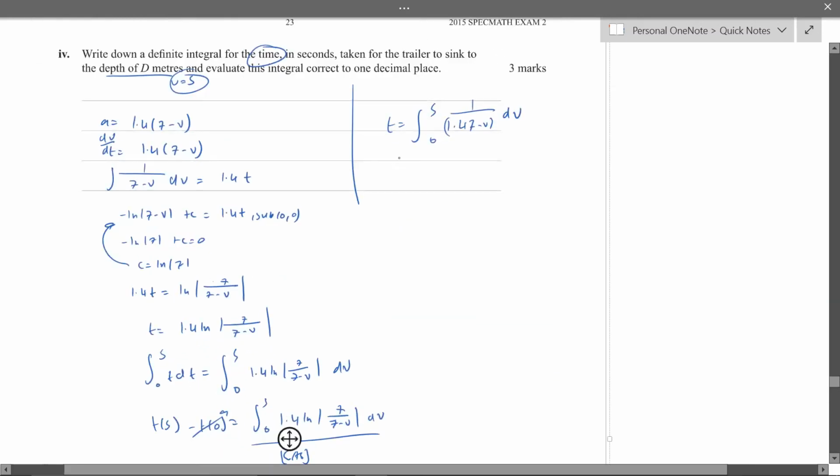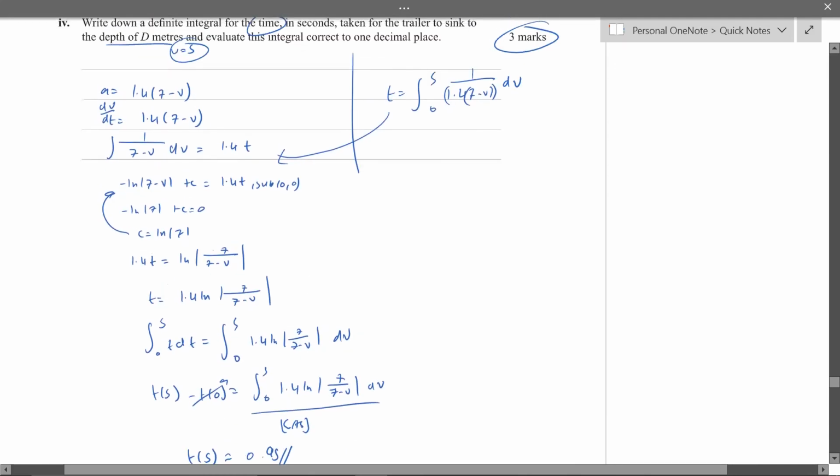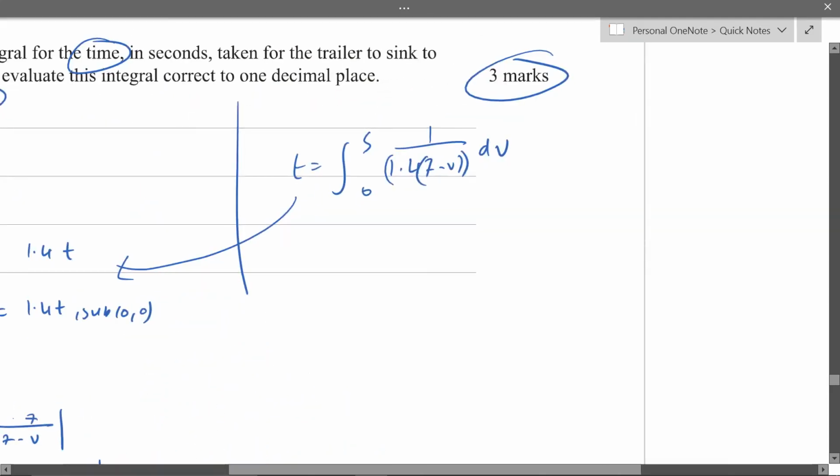So they just did this step without expanding it, which is probably much easier. But for 3 marks, I thought we would have to expand it and find the equation. But it doesn't really matter, especially with the c value, because it would just cancel anyway. So yeah, that's question 5.